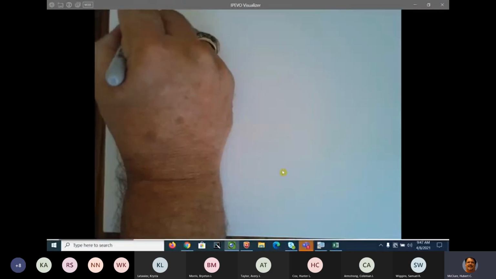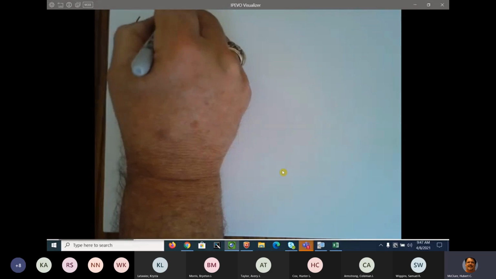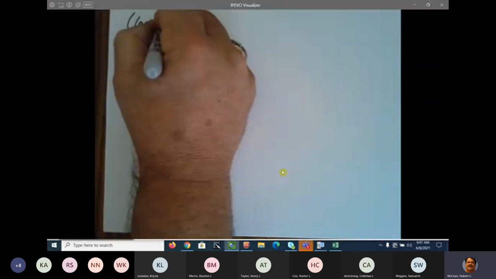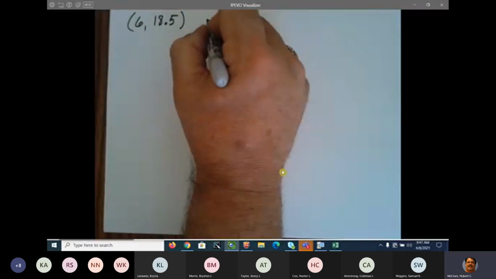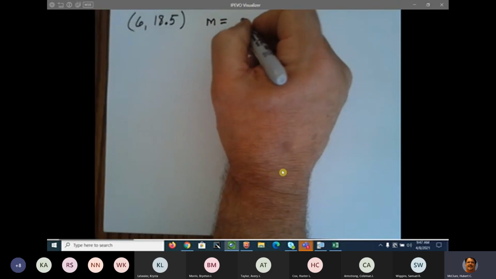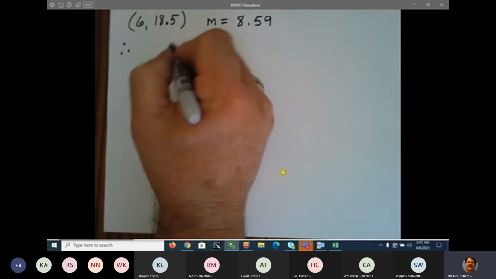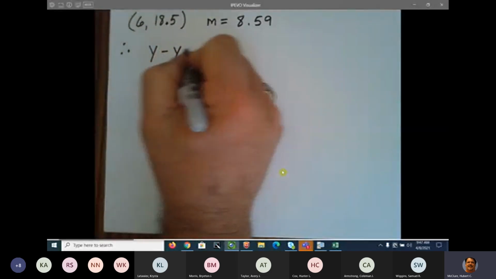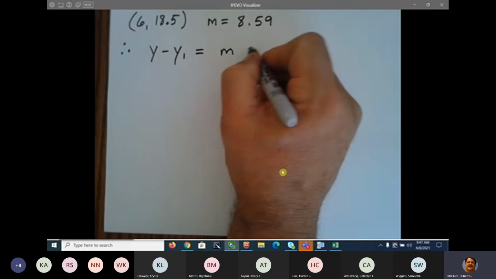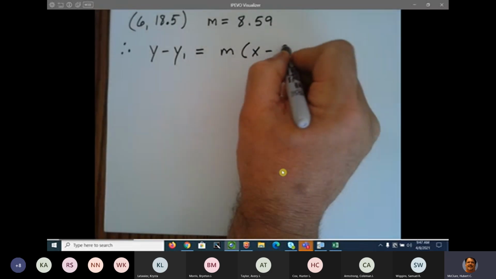So our point is 6 and 18.5. Our slope is equal to 8.59. Therefore, y minus y sub 1 is equal to m times x minus x sub 1.